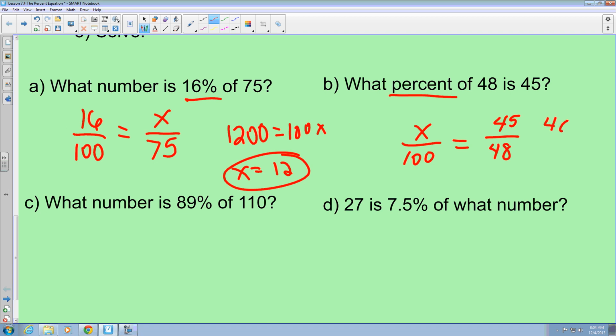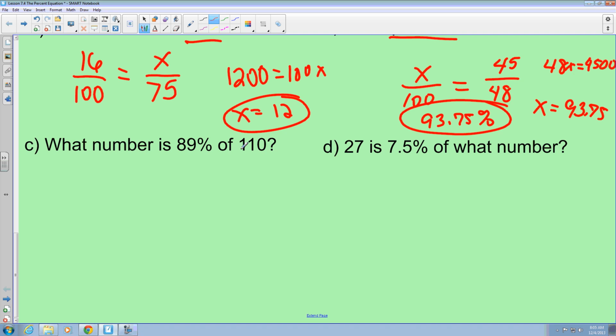That gives me 48x equals 100 multiplied by 45, which gives me 4,500. Then I divide both sides by 48, and x equals 93.75, or 93.75%. Either way, both answers are true.